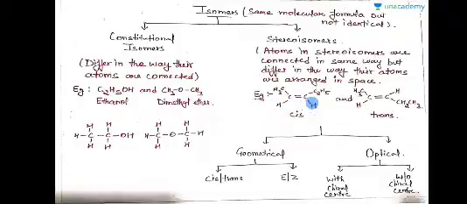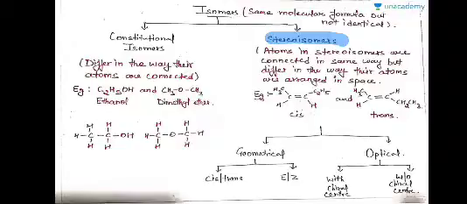So, this isomer is known as the cis isomer, whereas in the other isomer, both the hydrogens are connected to carbons on different sides of the double bond. So, this form of alkene is known as the trans form, and cis and trans are known as stereoisomers.